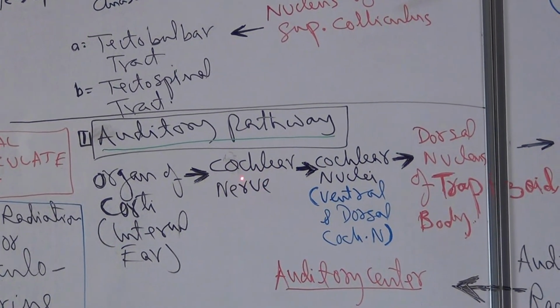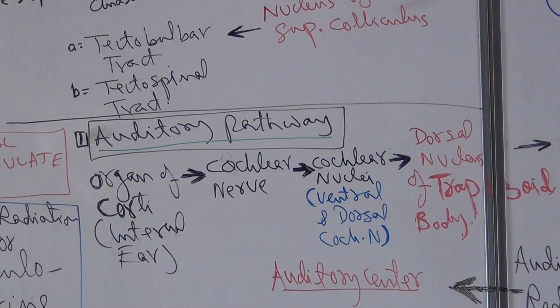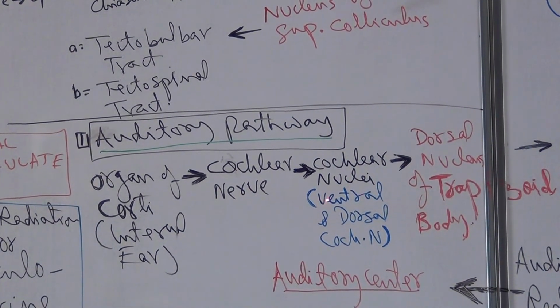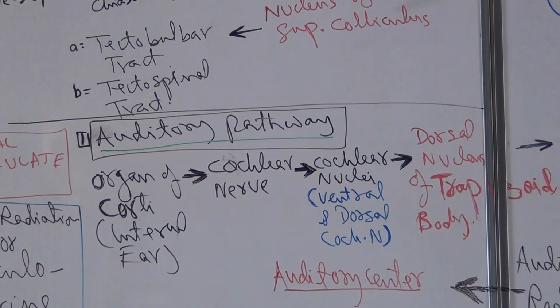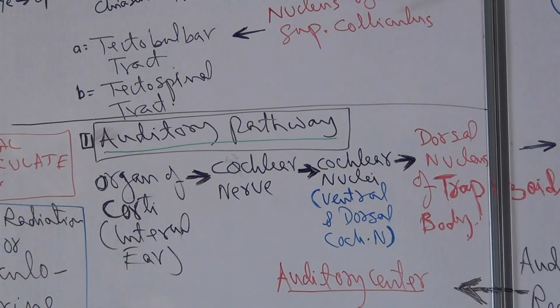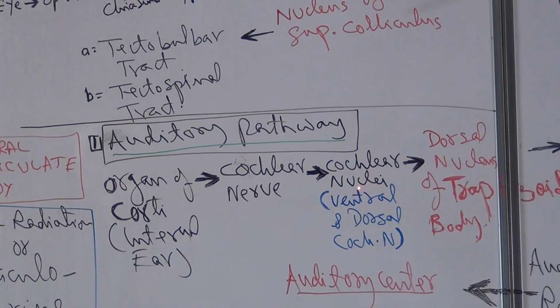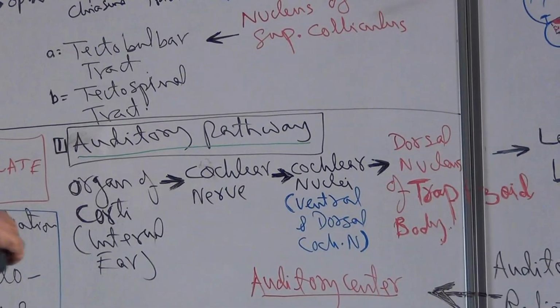The cochlear nerve fibers then enter the upper part of the medulla oblongata near the inferior cerebellar peduncle, where there are cochlear nerve nuclei. One is the ventral cochlear nucleus anterior to the inferior cerebellar peduncle, and the other is the dorsal cochlear nucleus located dorsal to the inferior cerebellar peduncle. From these cochlear nuclei, nerve fibers arise which enter the lower part of the pons.